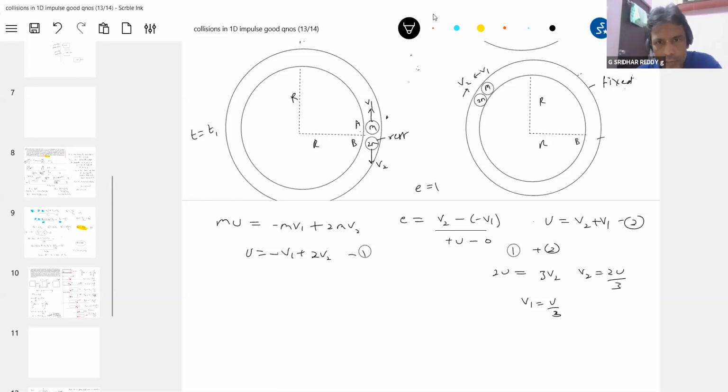The first collision, the second collision. I want this time t2. So let them collide at an angle theta.